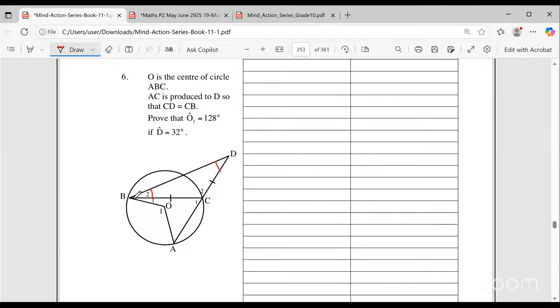But it won't help us because we don't have the line AB. And then what else? This angle here, using that property, is equal to this plus this. Therefore, this angle is the sum of those angles. Okay, let's continue.